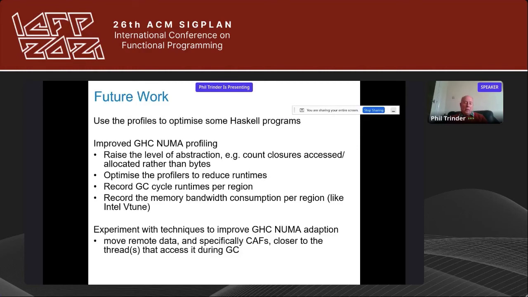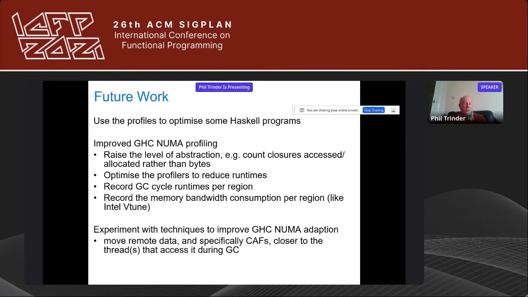So what we've done is we've used the programs to understand some well-known Haskell benchmarks, but we haven't actually used them to optimize them to improve the performance, and that is definitely something that we should aim to do, use the information to improve the performance of some programs. There are various ways we could improve the profiling.